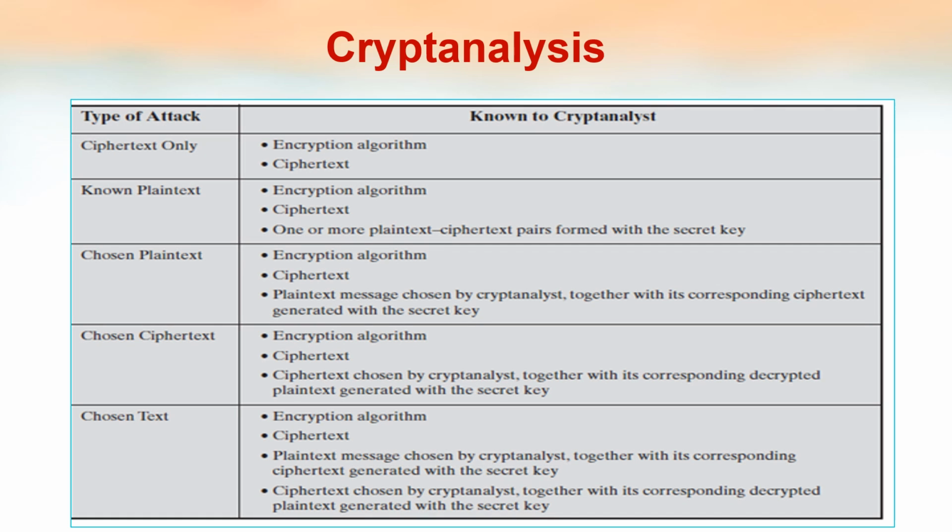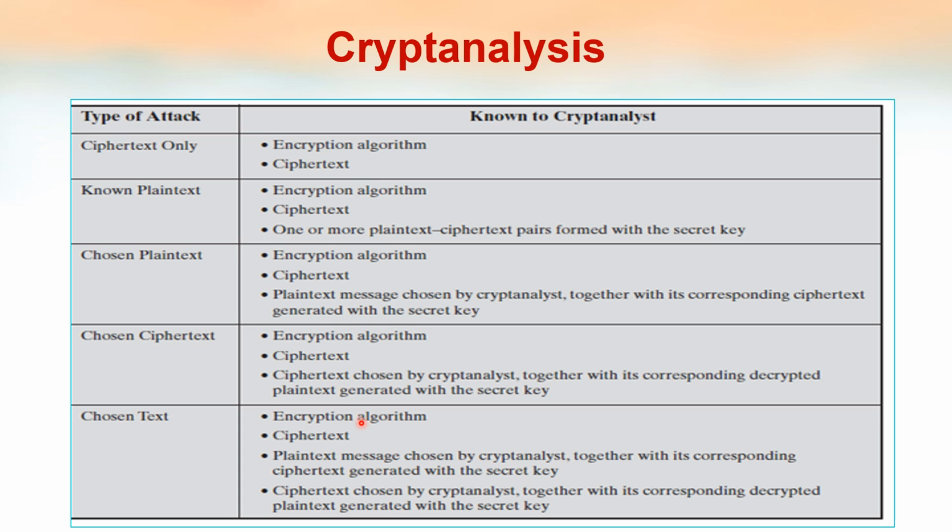See this table. First one ciphertext only, then known plain text, chosen plain text, chosen ciphertext, chosen text. In each of the cryptanalytic attacks, the cryptanalyst knows the encryption algorithm and the ciphertext.